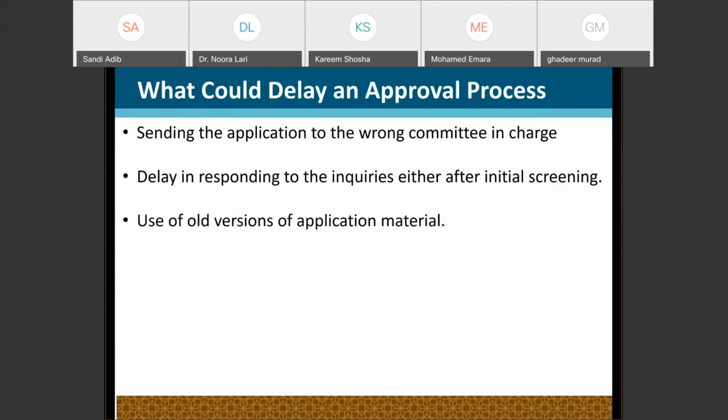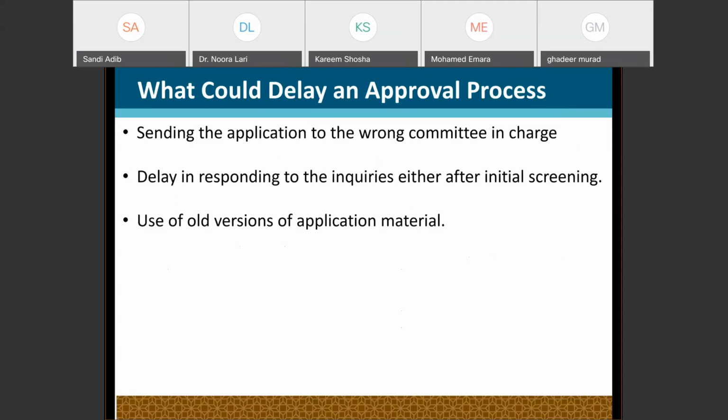Also, please try to avoid using old versions of application material. Now, as you know, we have the IRB Smart form, and we also have a new version of the application form in Arabic, also available in the library in the forms and templates. So please make sure to use the correct and new version of the application form.